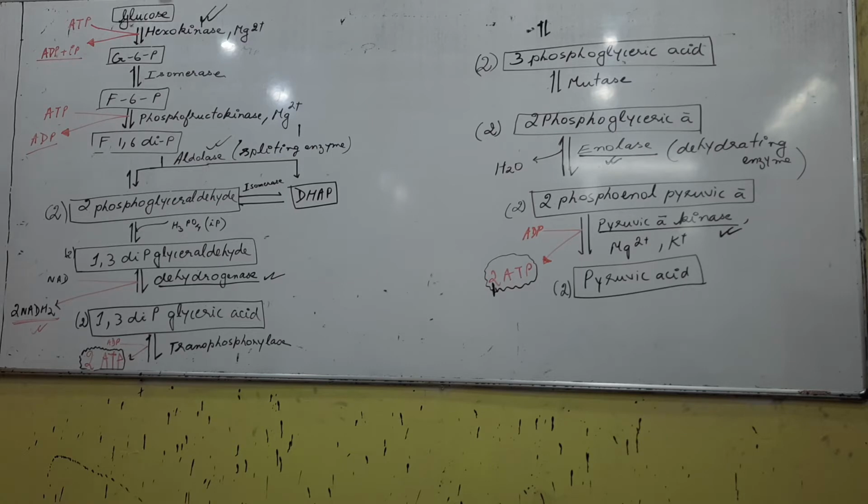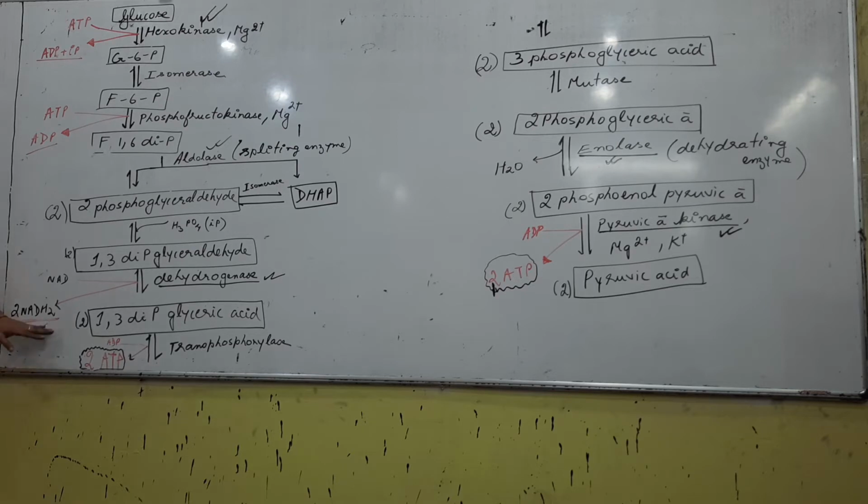NADPH2 is associated with photosynthesis, NADH2 and FADH2 with respiration. So where dehydrogenase is present, either FADH2 or NADH2 gets synthesized, as we will see when we draw the Krebs cycle. Dehydrogenase enzyme is responsible for production of the reducing cofactor, right?